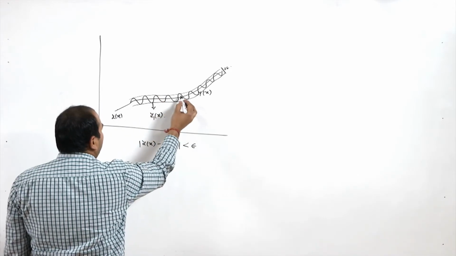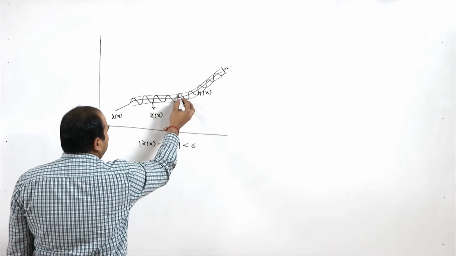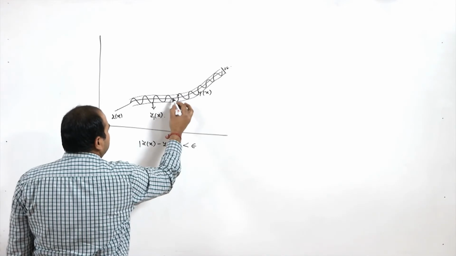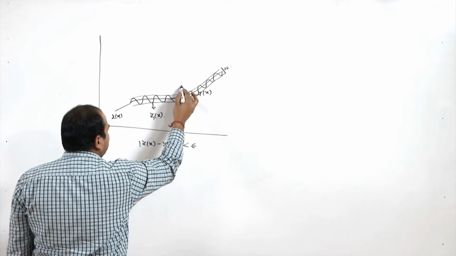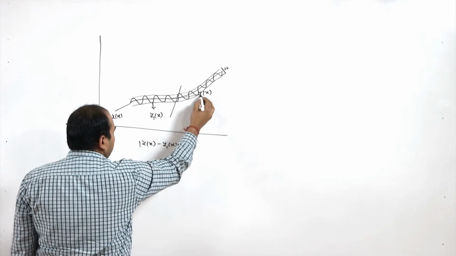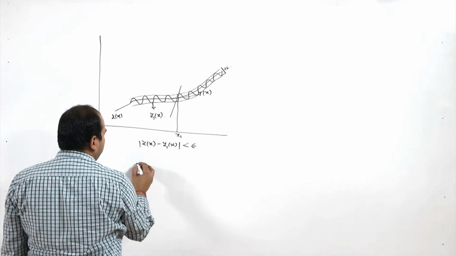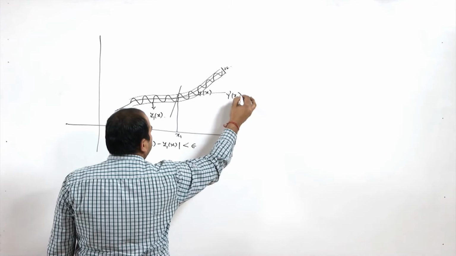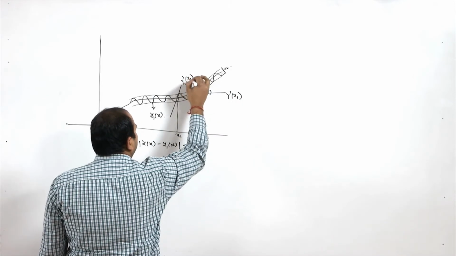But if I look at any point, say this particular point, though their function values are quite close to each other, if I look at the values of their derivatives at this point, call it x1, this is y dash(x1) and this is y1 dash(x1).